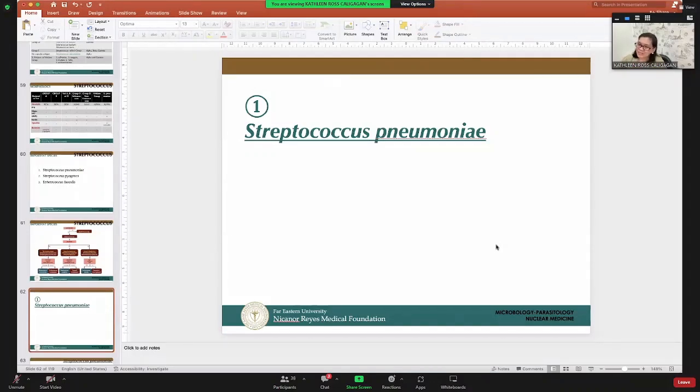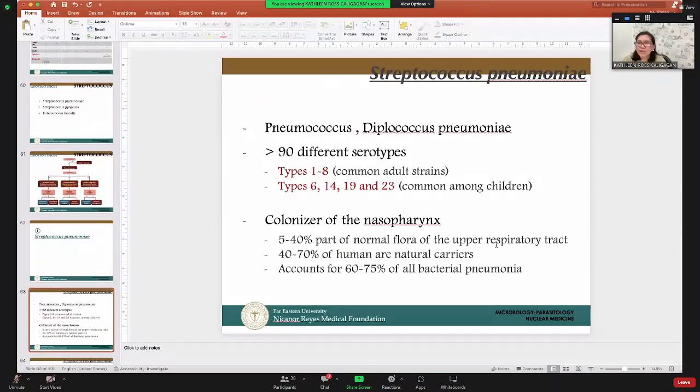So, Streptococcus pneumoniae, let's look at it more closely. Morphologically, it's also known as pneumococcus, or Diplococcus pneumoniae, with more than 90 different serotypes. For adults, the more common serotypes are types 1 to 8, while among children, you have types 6, 14, 19, and 23. So vaccines available are directed toward these serotypes.